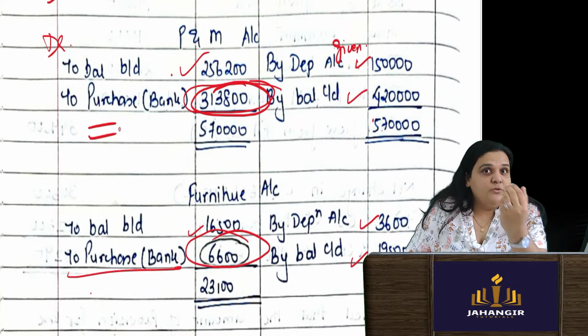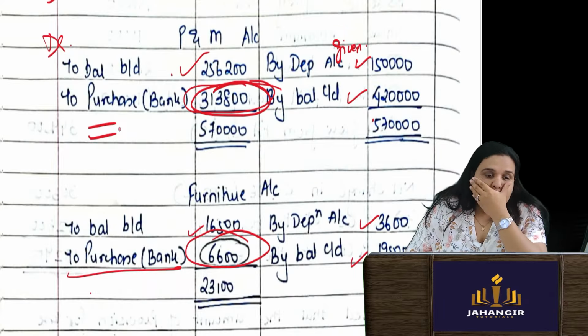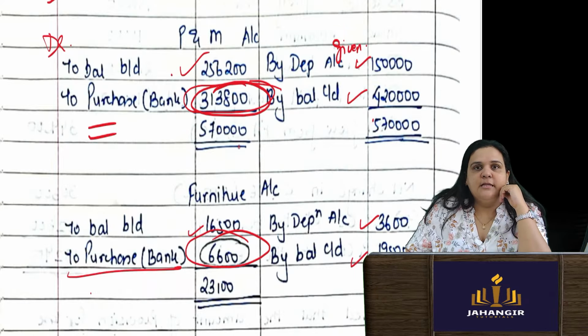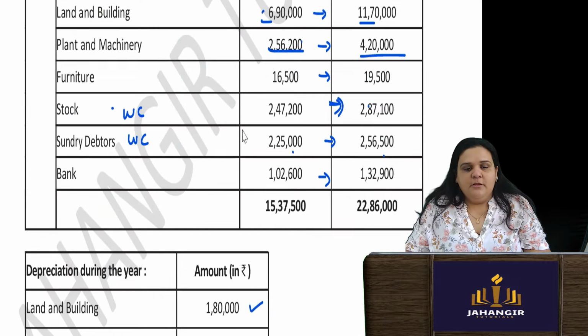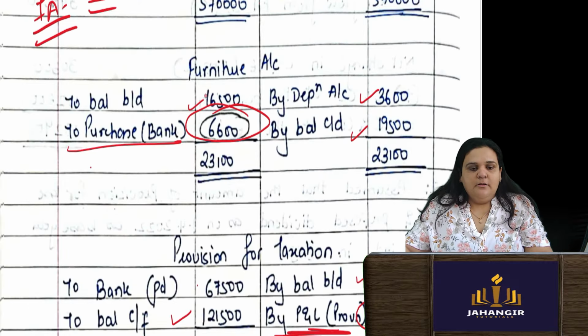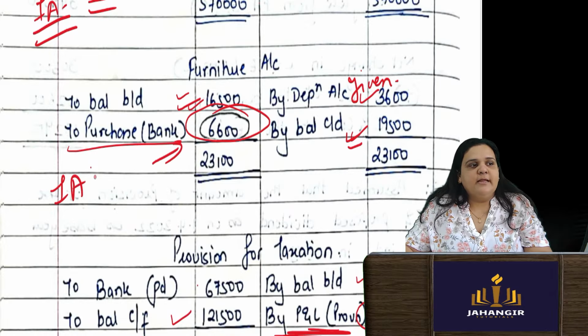Okay, so that means you have purchased it, no? So to bank, 3,13,800 will be your investing activities cash outflow. For furniture also same thing. You will write the opening and closing. Opening on the debit side, closing on the credit side. Depreciation is given. So your balancing figure will be your investing activity cash outflow.